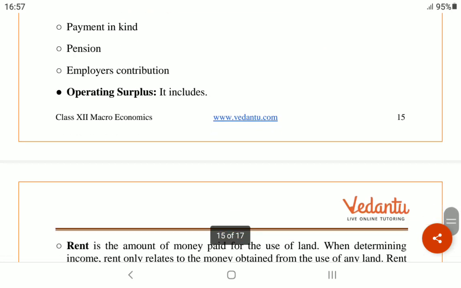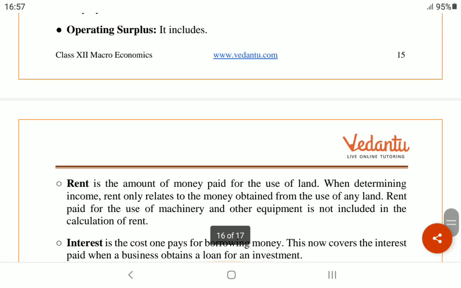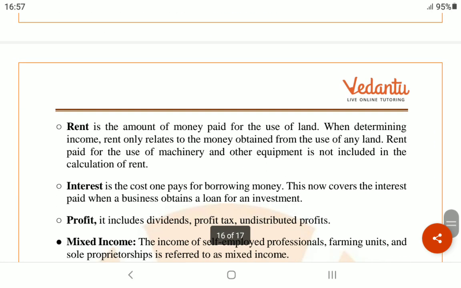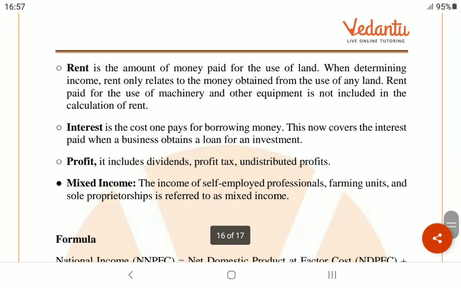Next is operating surplus. It includes three types. That is rent, it is the amount of money paid for the use of land.